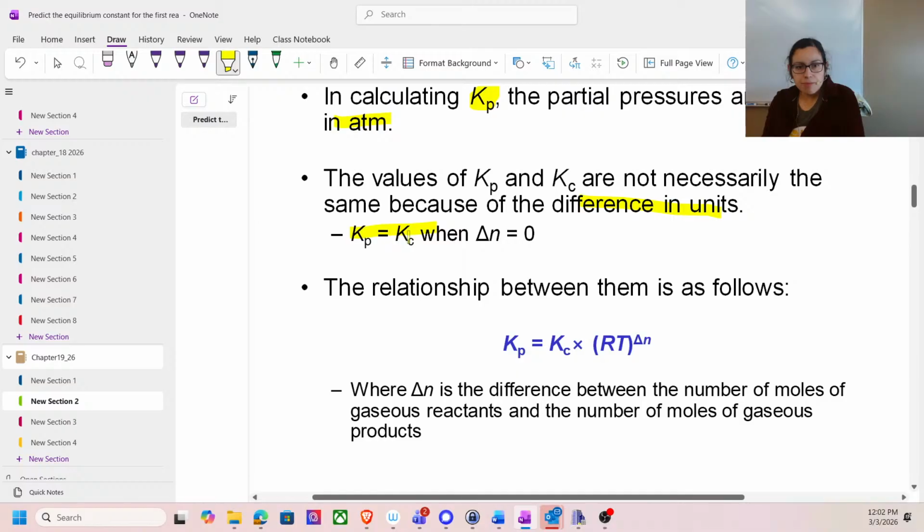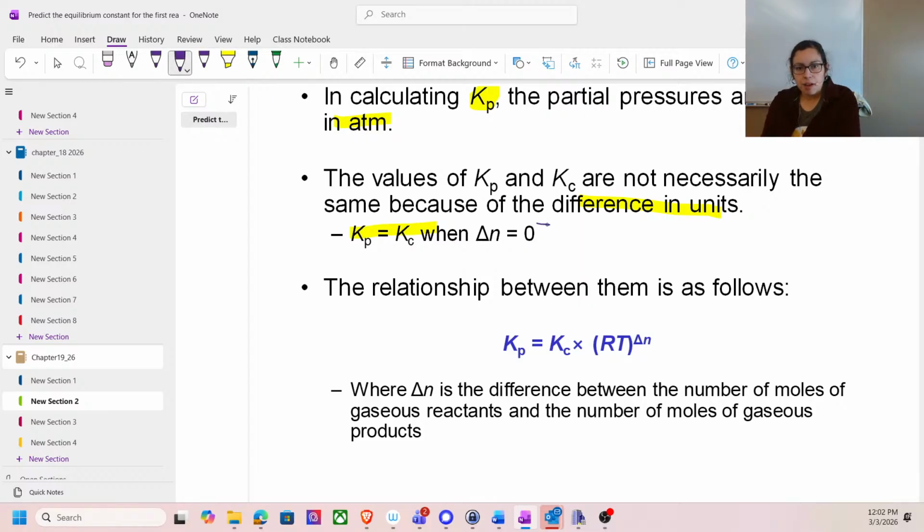We have this relationship where Kp is equal to our equilibrium concentration molarity Kc if we have no change in our moles of products and reactants, so no change in gaseous moles.